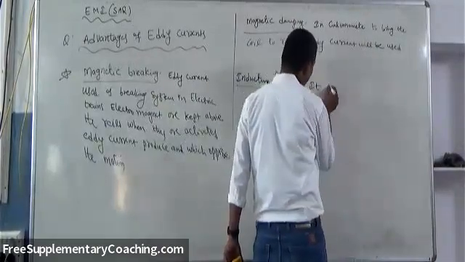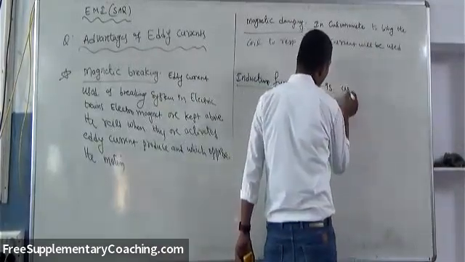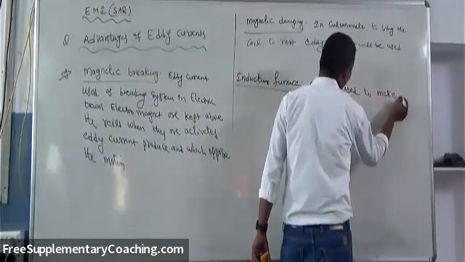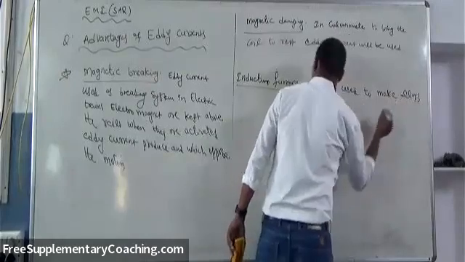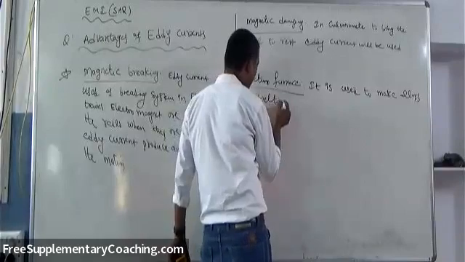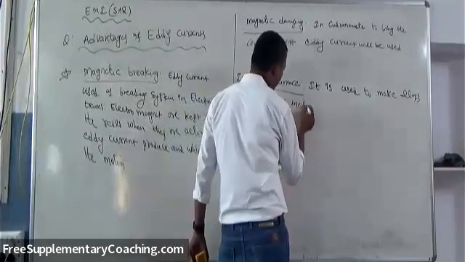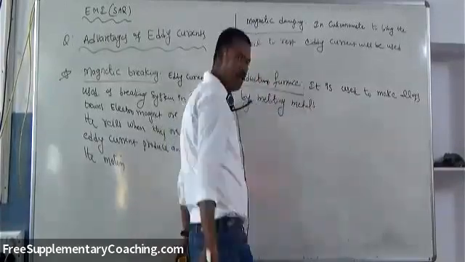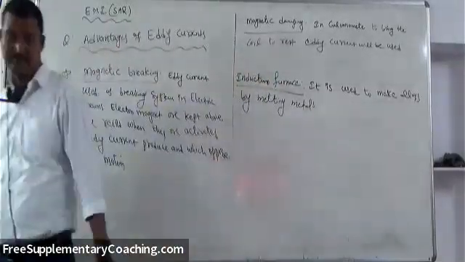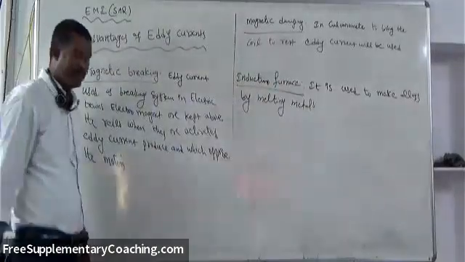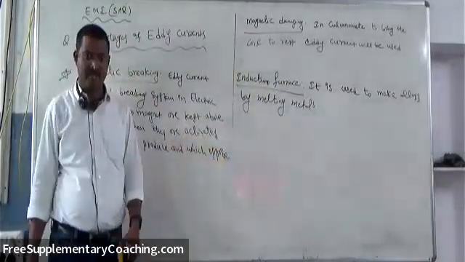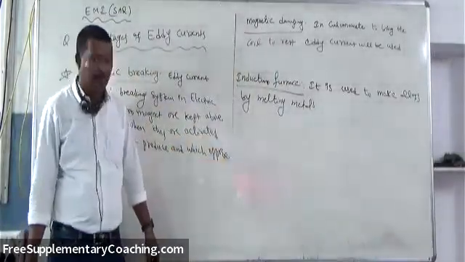It is used to make alloys by melting metals. And we know to melt the metal, we require high temperature. This high temperature can be developed by producing eddy current around these metals.